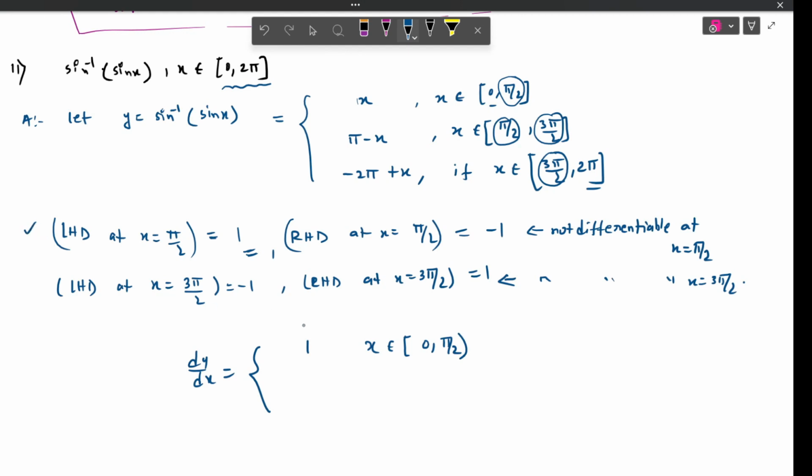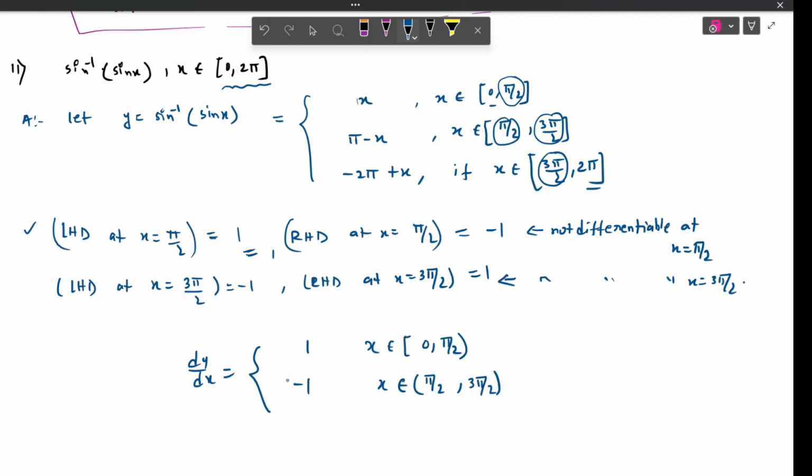And the differentiation of pi minus x is -1 when x belongs to pi by 2 to 3 pi by 2, here it will be an open interval, because it is not differentiable at pi by 2 and not differentiable at 3 pi by 2 also.